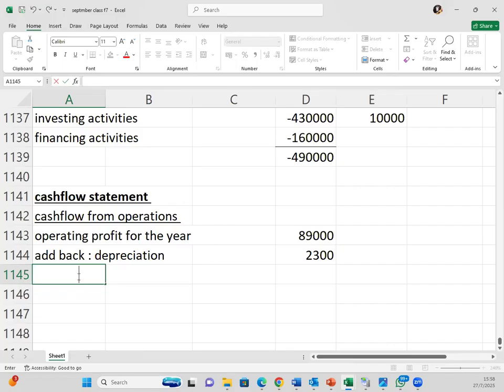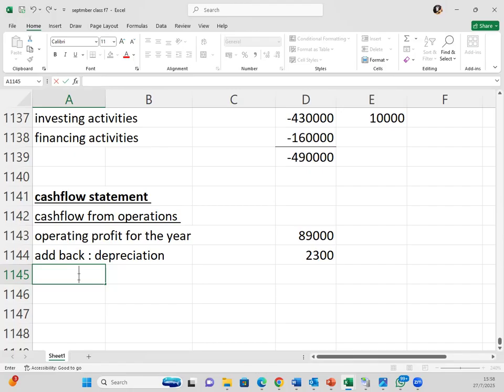So we add back depreciation. Same goes with amortization. Those are expenses of non-cash items. Also, if there is an increase in provision, let's say increase in provision for doubtful debts, again that's a non-cash expense. You add those back. Why?